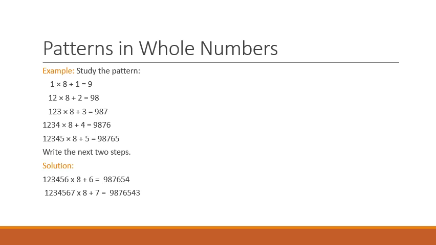Now let's see some examples of patterns in whole numbers. Example 1: study the pattern and write the next two steps. In this pattern, 1 multiplied by 8 plus 1 is equal to 9.